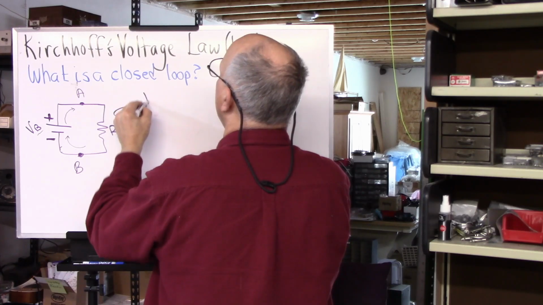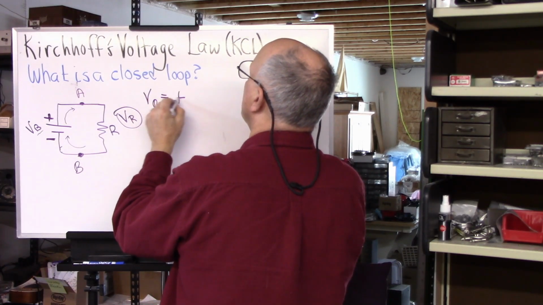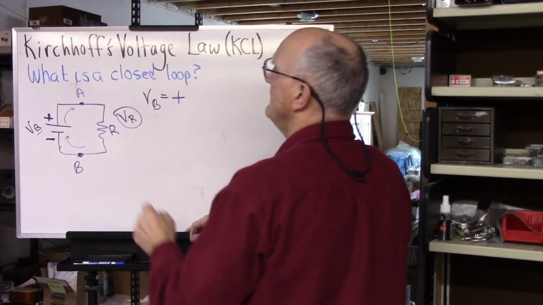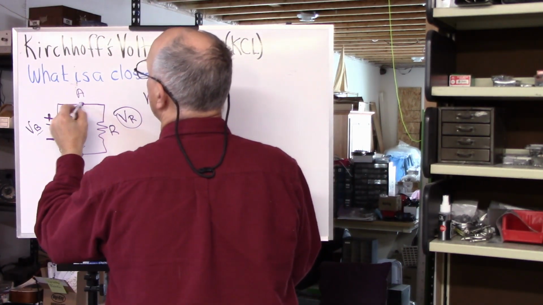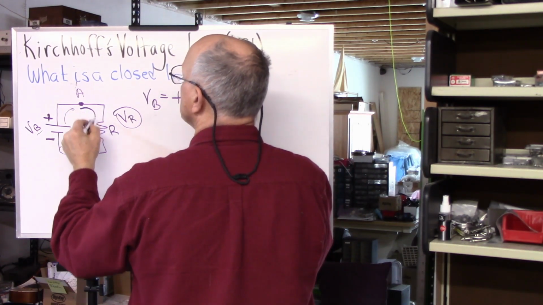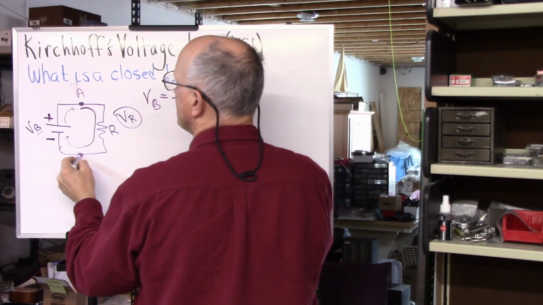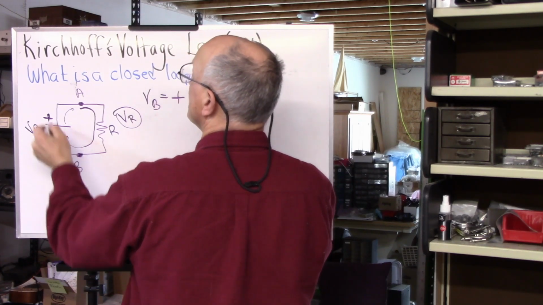Therefore, VB is going to be some positive value. All right, so we've gotten to point A. We're going to continue moving around this closed loop. We've gotten back to the same place that we started, so it's a closed loop.